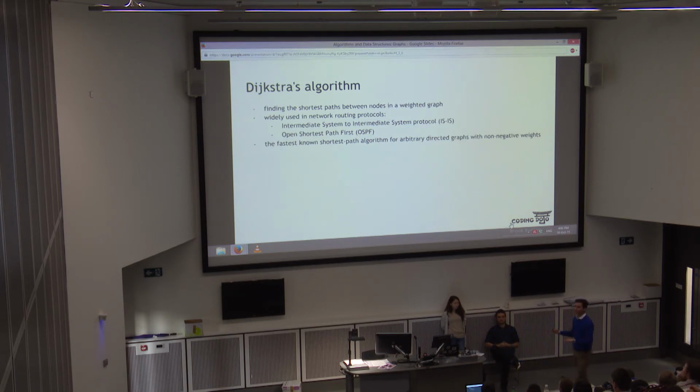But now imagine, for example, that you have a country with, I don't know, 20 cities, and the distance from city A to city B is, I don't know, X kilometers or X miles. The point of this algorithm is that it finds the shortest path between nodes in a weighted graph. So the difference is that the cost to get from one node to another is not zero in each case. It can be different.